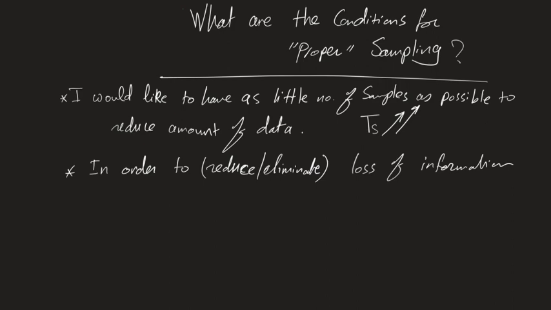Is it true? Am I losing some information or not? The reality that we will discover is that there is a particular threshold beyond which, if you do not achieve that threshold, then you will lose information. If you do respect that threshold, then you can recover your original signal without any losses. That's what's called the sampling theory, okay? And we will see first why this is the case, and after that we will just state the theorem, okay?